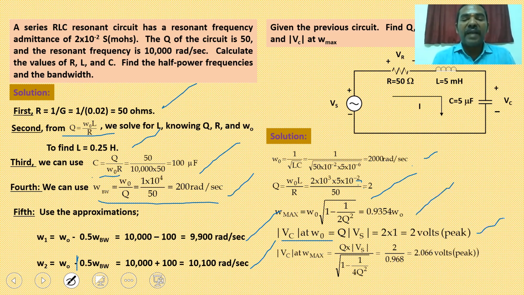So similarly for the maximum value of Vc, if you substitute Q into magnitude of Vs divided by root of 1 plus 1 by 4 Q square, then you can get the value 2.066 volts peak. So like this you have to go for the calculation of your frequencies and quality factor and voltage drop across the capacitor with different frequency levels.